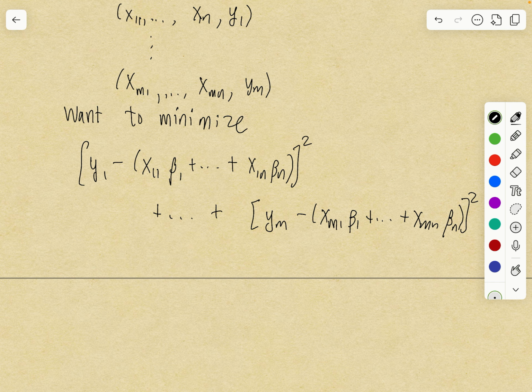So that's a function of beta 1 through beta n, and you're trying to minimize those.